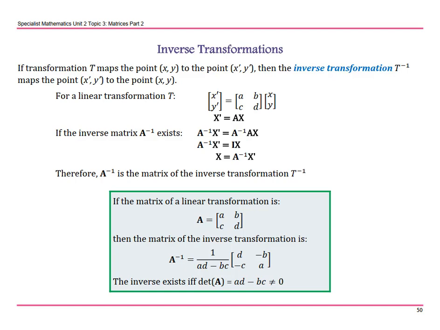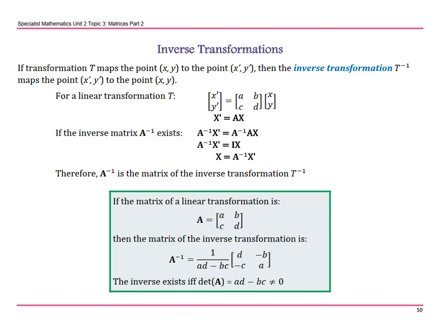So for a linear transformation T, our image (x', y') is going to equal the matrix (a b; c d) times our (x, y), the coordinate we're starting with. So in terms of matrices, the image of x is going to be some matrix A times x.